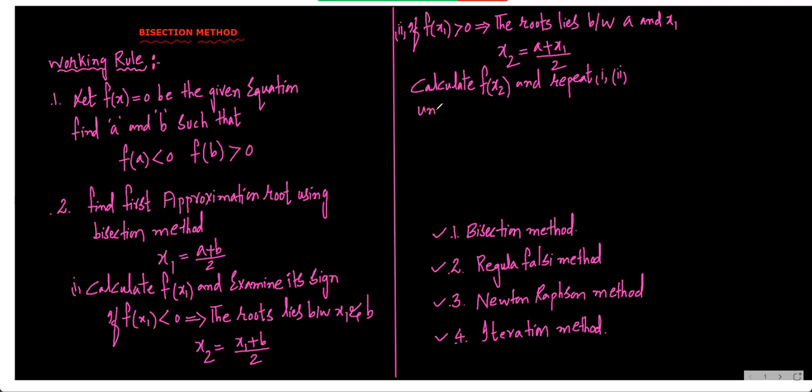Until means what? If you find the root, x1 value, x2 value, the 3 places after the decimal should match; till then we have to continue. Accuracy means 3 places match.